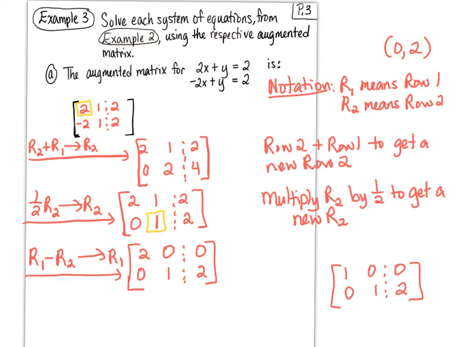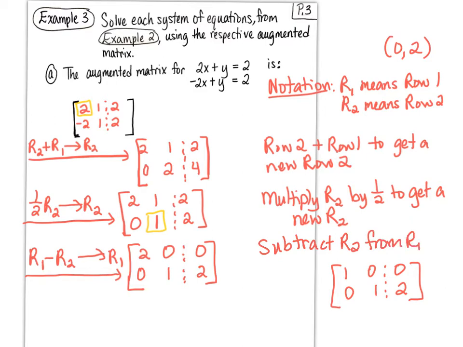So the only thing left is to make this 2 a what? 1. How can we make this 2 a 1? Can't hear you? Excellent. Multiply by 1/2. So I forgot to write. Let's write subtract row 2 from row 1.